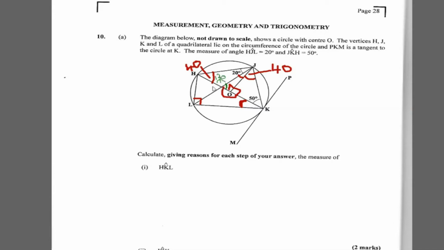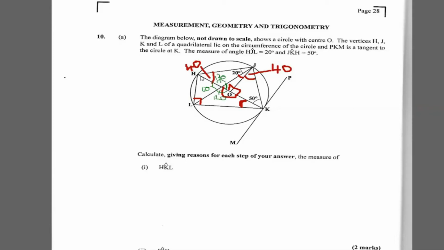If this angle is 120, then angles on a straight line are 180, and so this angle is 60. If this angle is 60, then this angle in here is also 120.